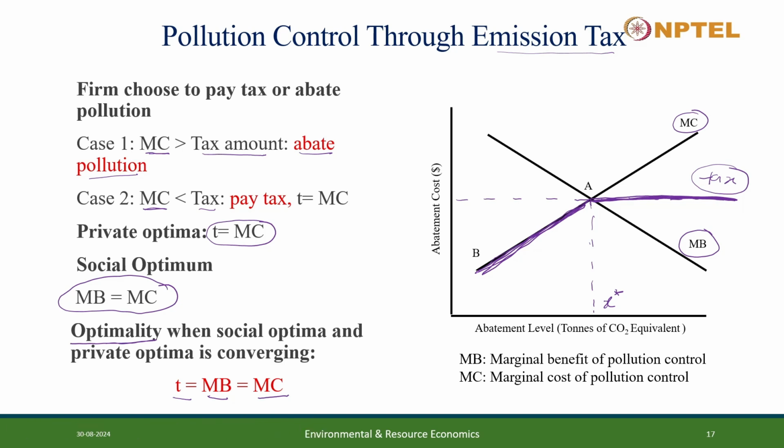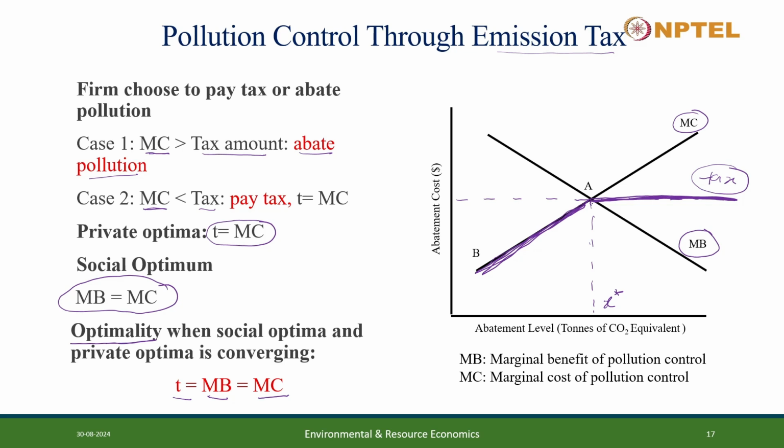Initially the firm will go towards emission control, abatement, and then after that they will choose to pay tax. And the optimality is achieved when the social optima and private optima converge.